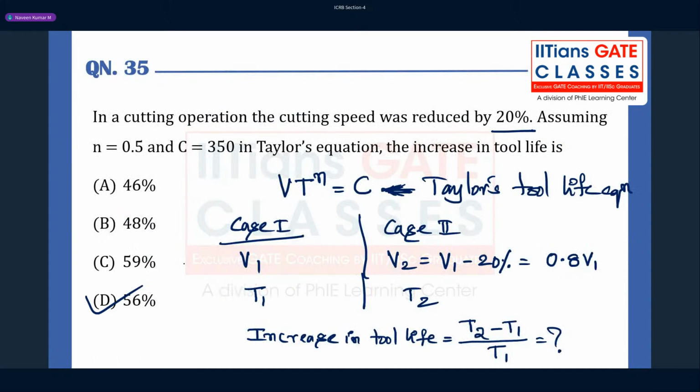A very simple question. If you are fast in calculation, it takes less than 1 minute. Next.